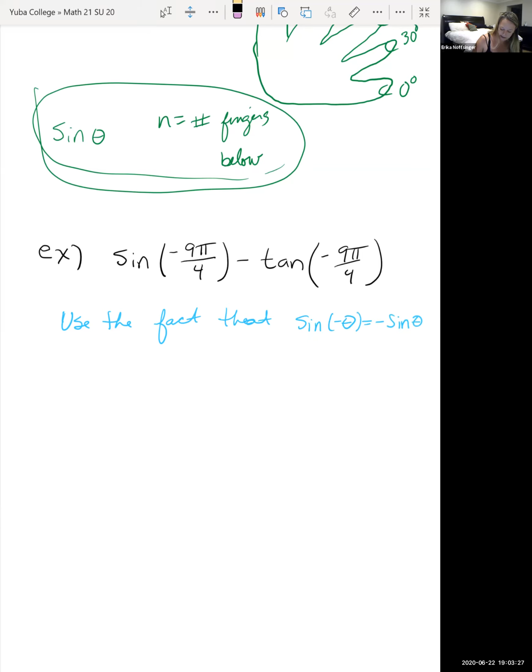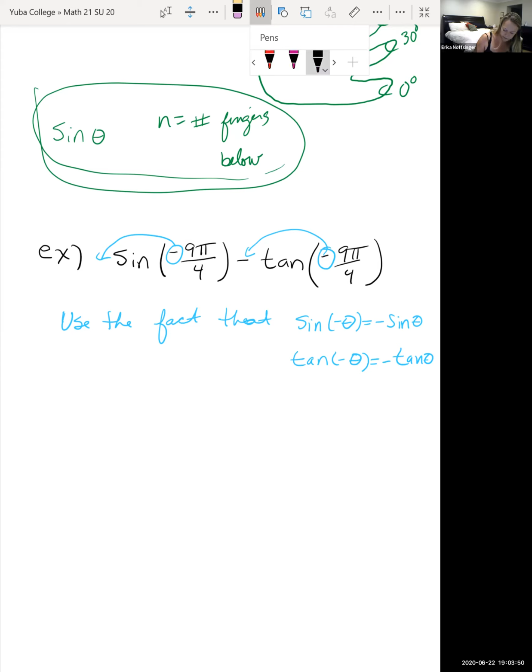And tangent of negative theta was also an odd function, so that was negative tangent of theta. So I'm going to basically pull the negative out in front. It's not really what you're doing, but that's basically what it's equal to. So this is equal to negative sine of 9 pi fourths. But a negative and a negative, so this is plus tangent of 9 pi fourths.